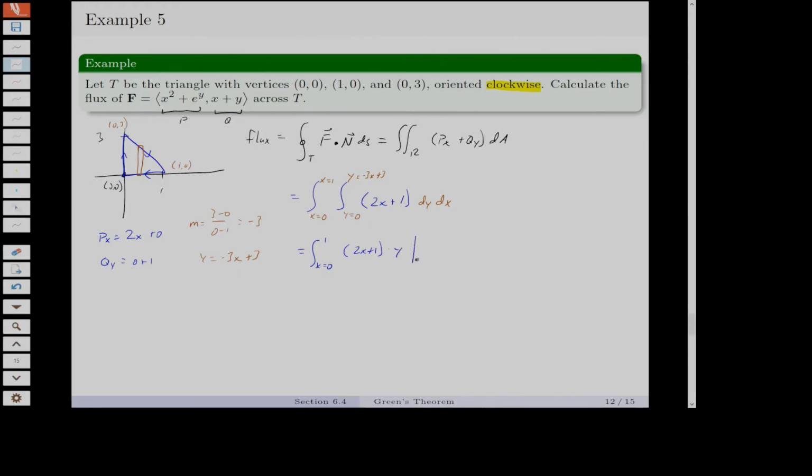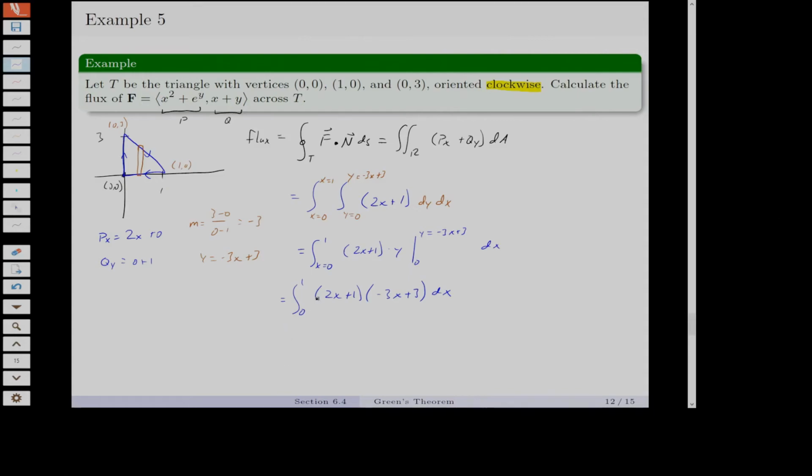So then I just get y going from 0 to -3x plus 3. So we go ahead and plug in. I have 2x plus 1, and when I plug in, I have -3x plus 3, and then minus 0. So just write the -3x plus 3.